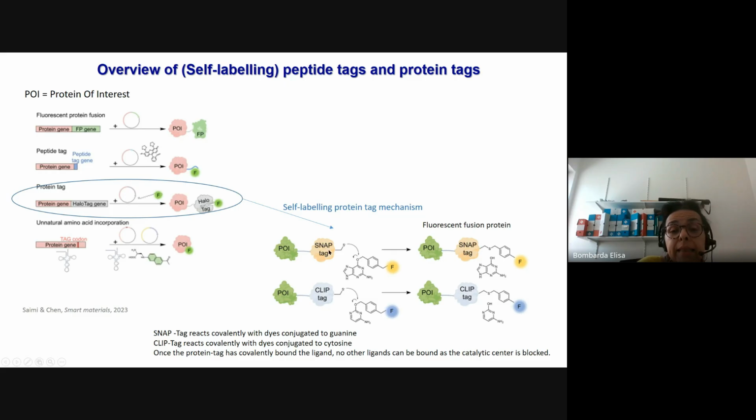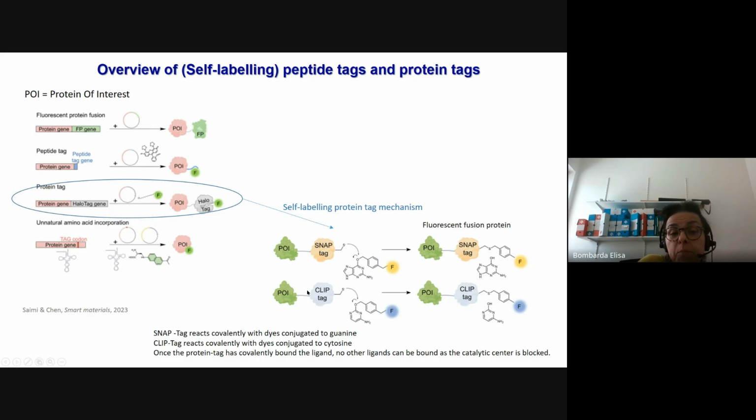Then the fluorescence probe conjugated to a guanine is added, and this enzyme can convert this substrate, and the product at the end is that the moiety carrying the fluorophore stays covalently attached to SNAP and so to your protein of interest.